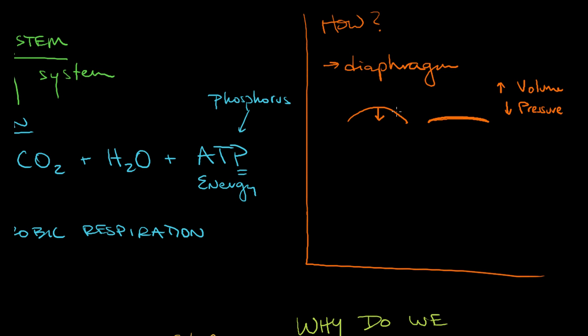So try this right now. Practice inhaling. And if you breathe in, you'll feel that your chest is getting bigger. You're increasing the volume in your chest as air is flowing in. But it's not just the diaphragm that does that. We also have muscles called the intercostal muscles.